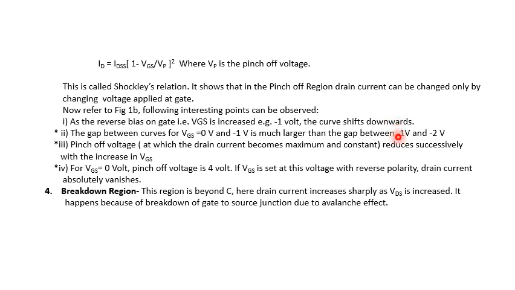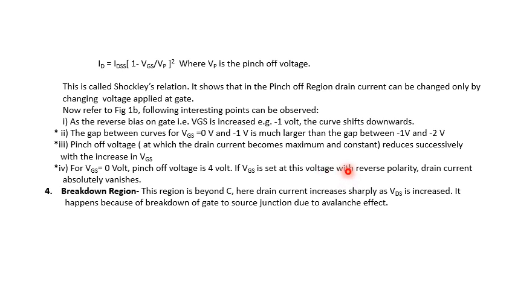Again, if we increase the reverse bias from 1 volt to 2 volts, it will shift downwards again. If we increase it from 2 volts to 3 volts, it will decrease to a smaller value. And we can see that when the reverse voltage applied between the gate and source is 4 volt, the saturation current or the current through the JFET becomes absolutely zero.